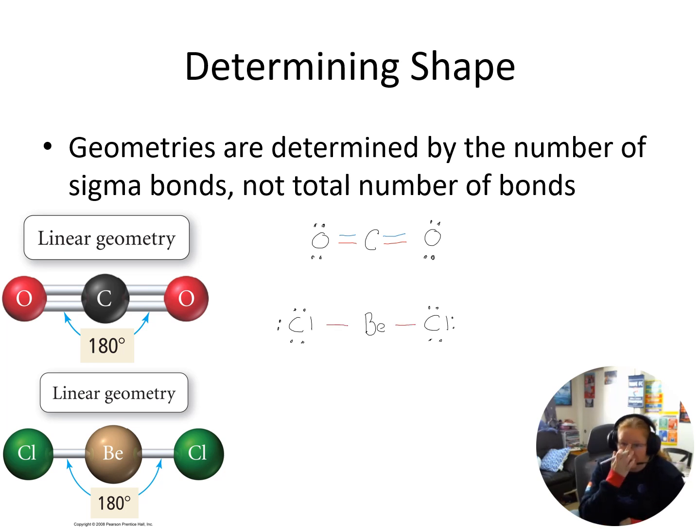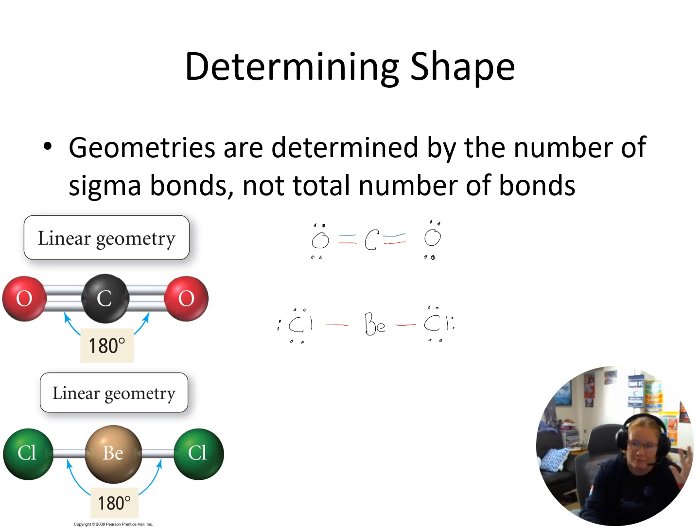And so when I look at the central atom on each of these, I have one central atom and two sigma bonds. Okay, and so that's where my linear geometry comes in. It doesn't matter that in carbon dioxide I have double bonds, I still have two sigma bonds off that carbon and no lone pairs. All right, and so we have to look at that when we're assessing our geometries.